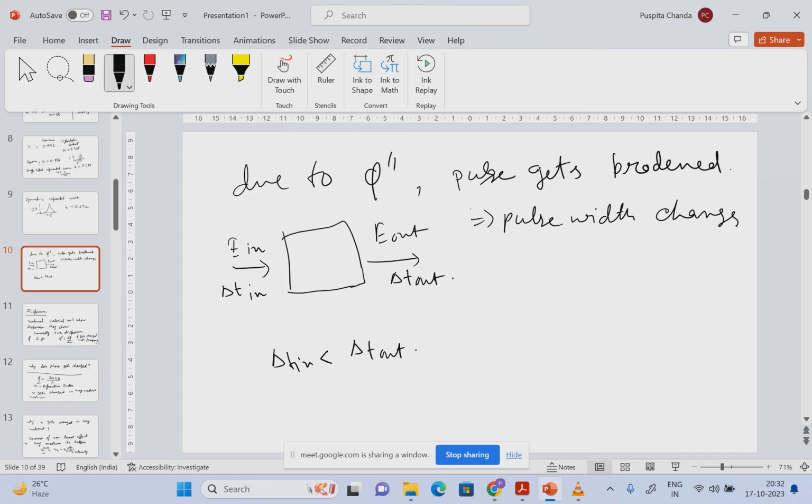Not because of anything else, but because of the second derivative of phase with respect to omega in the material or non-linear effect.